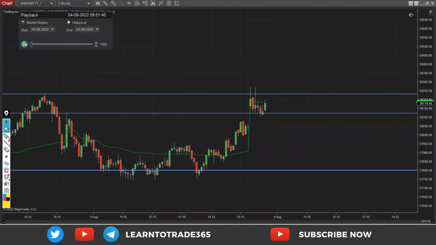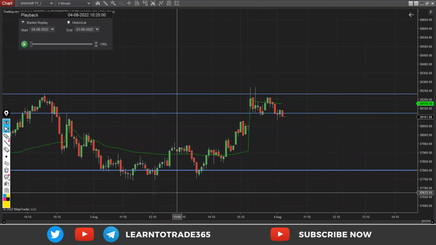Let's see what happens. Price is again trying to approach VWAP. Price is again trying to approach this 2 days back's high. Nothing to be urgent about, as the charts are running at 100x speed. Now this is very important.